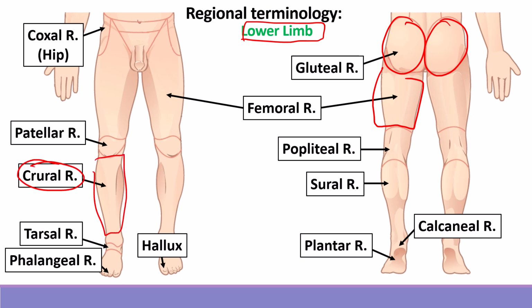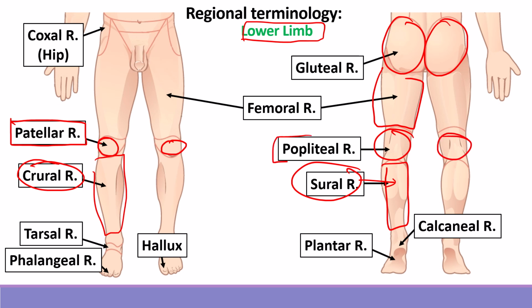If it's the back part, it's called sural region. Now, between the leg and the thigh, we have two regions. If it's in front, where the patella bone is located, the knee bone, we call that the patellar region. In the back of the knee, so in the posterior, we have this region called the popliteal region.